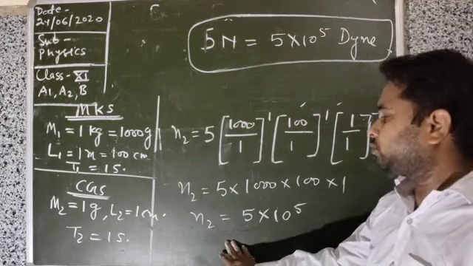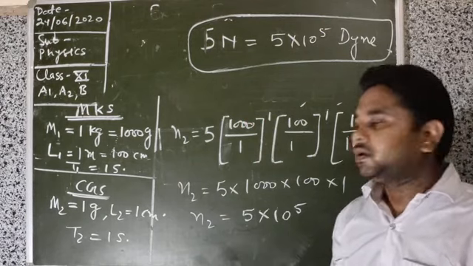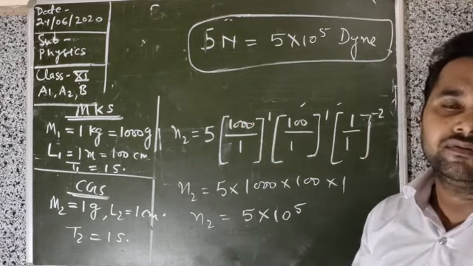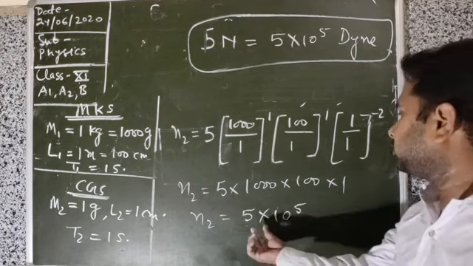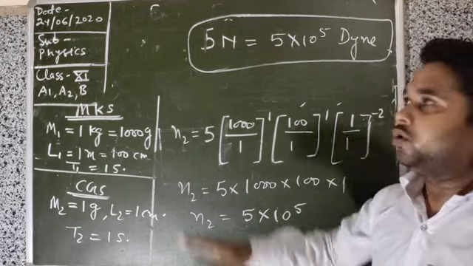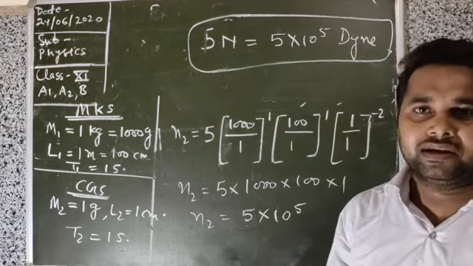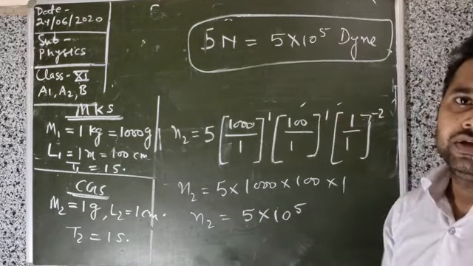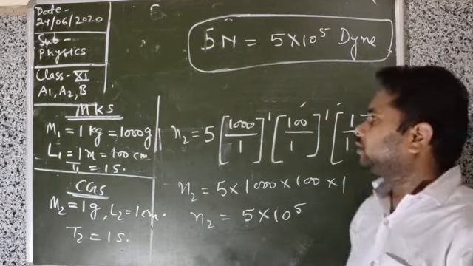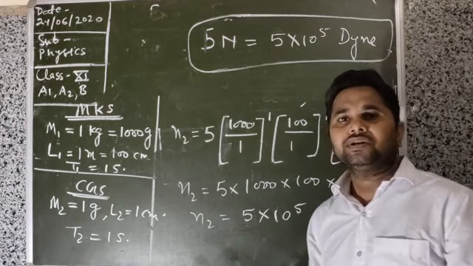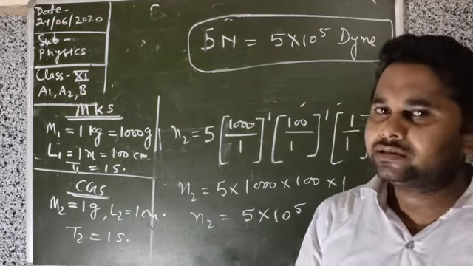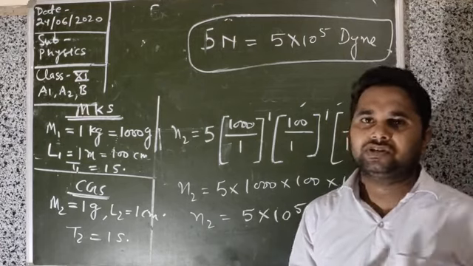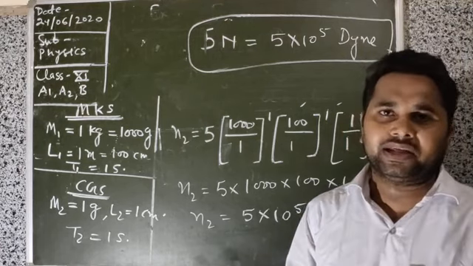You can leave the solution here also, because we have to find the numerical value of the given force in the second system of unit, that is just 5 into 10 to the power 5. And this summary shows what we finally got, the relation between Newton and dyne. So this is the method to convert a given physical quantity from one system of unit into another system of unit using the dimensional formula, using the dimensional method.